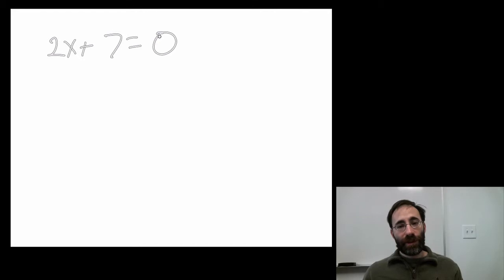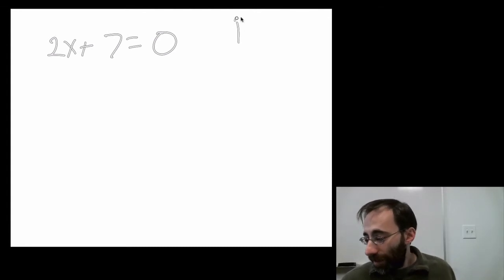I'm going to give you the more standard way right now, which is to operate on both sides in the same way and keep track of that operation. So I want x by itself. How do I do that? Well, there are two problems here. One, I have a 7 added to x on the left-hand side, and the second is I have a 2 multiplying x. I don't want either of them. So what I do is I use the inverses of those things to get rid of the 2 and the 7.